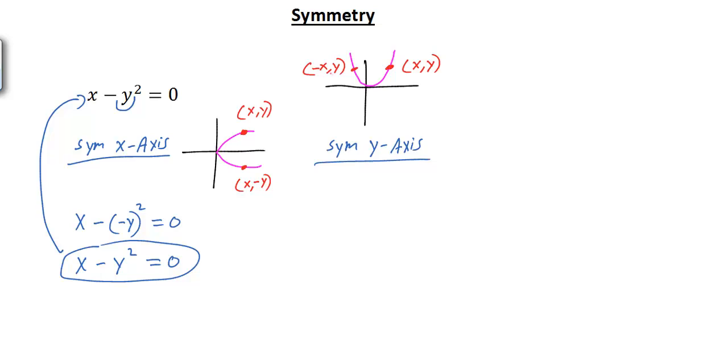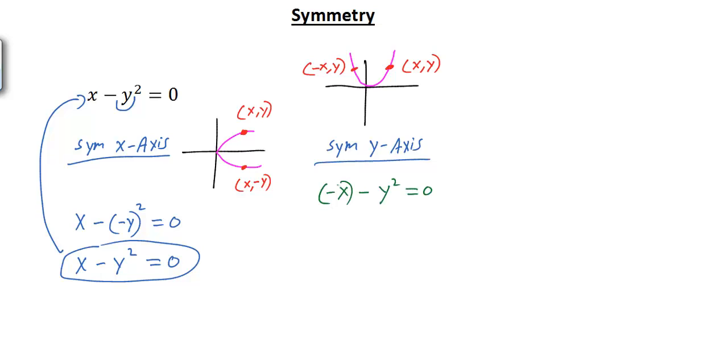So if we test this, then we can take and plug in place of your x, we're going to plug in a negative x. So now we're going to have negative x minus y squared equals 0.